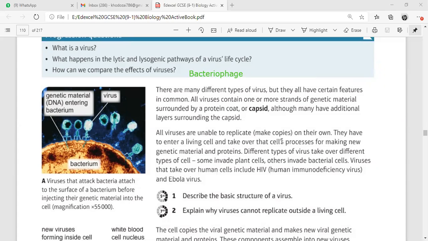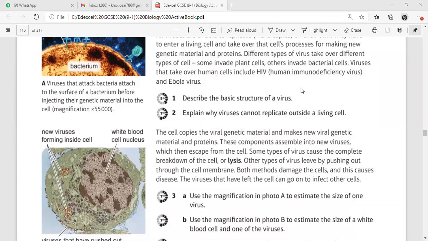Next, I told you the features of a virus. What is the feature? Viruses cannot survive without a host. Explain why viruses cannot replicate outside a living cell.